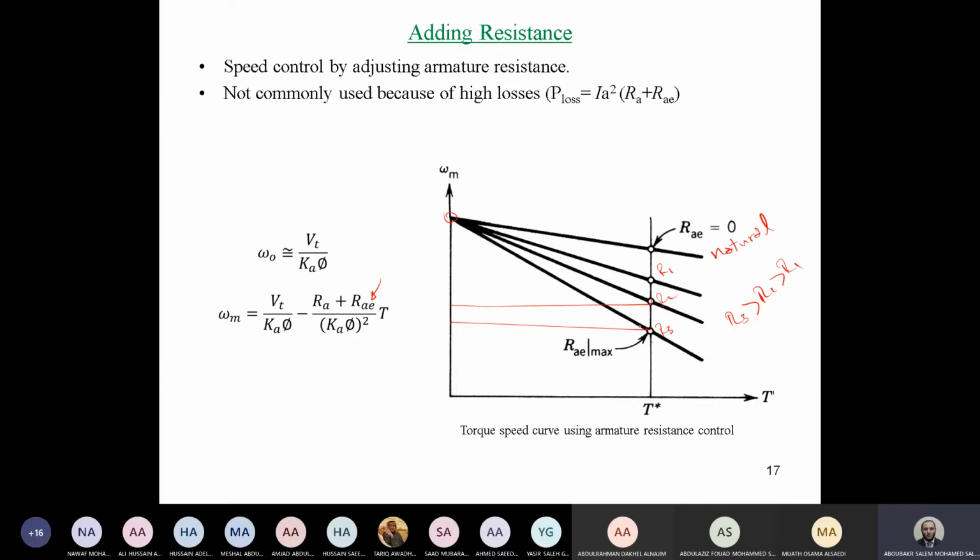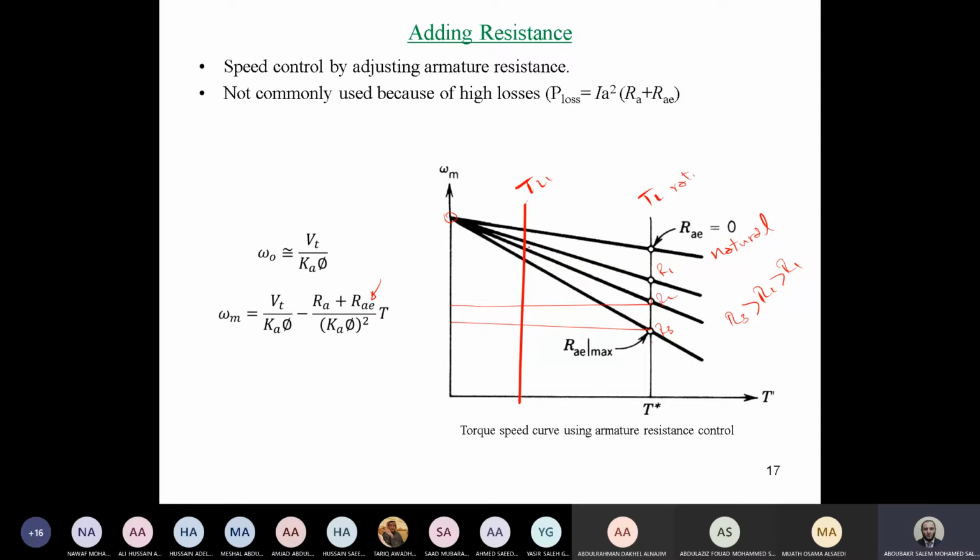So we can now control the speed by adding resistance. But the question, is it a wide range of speed control or not? Which means if we apply lower load torque, for instance the load torque is like that, torque load 1, and this is torque load rated for instance.